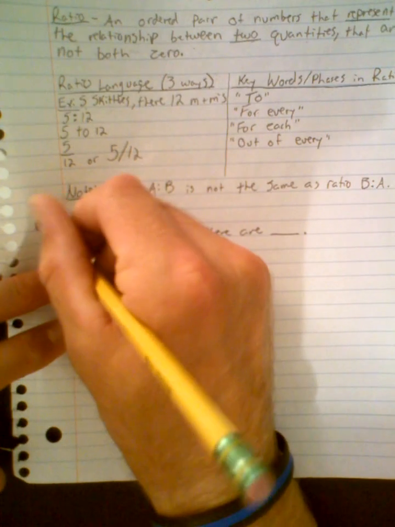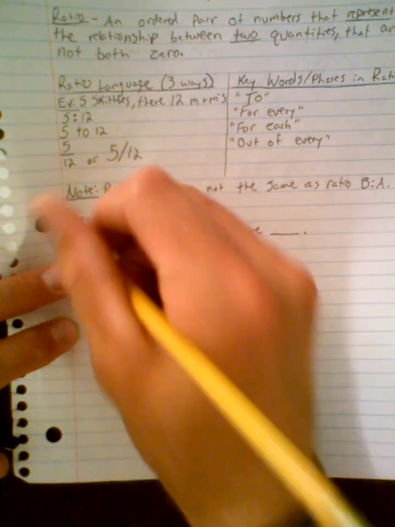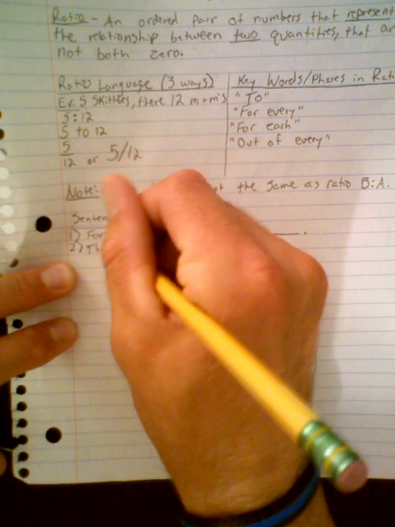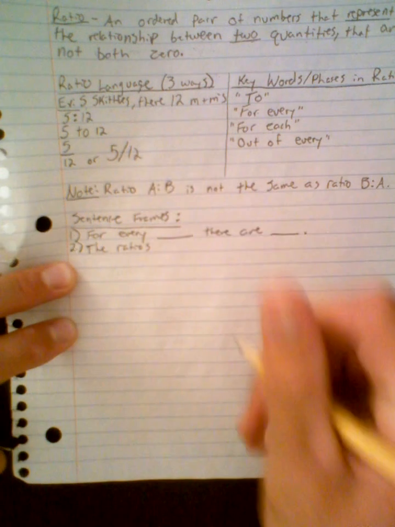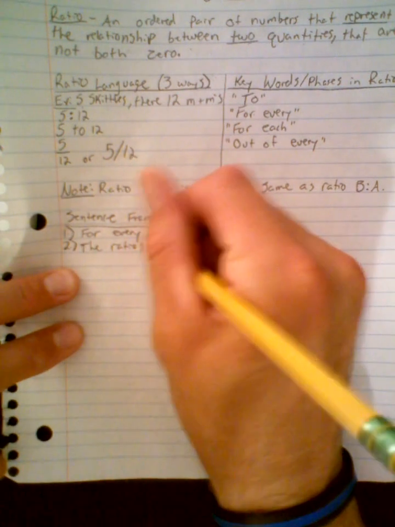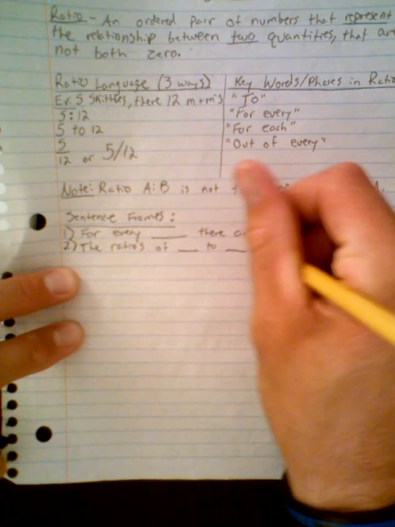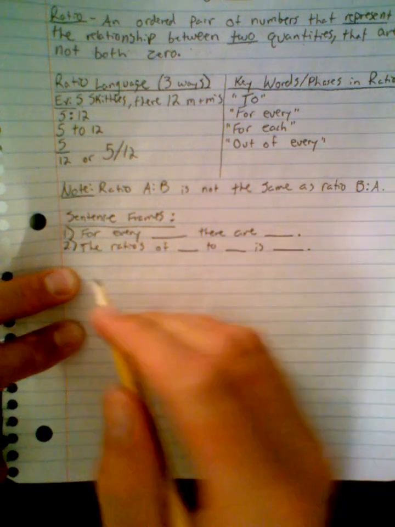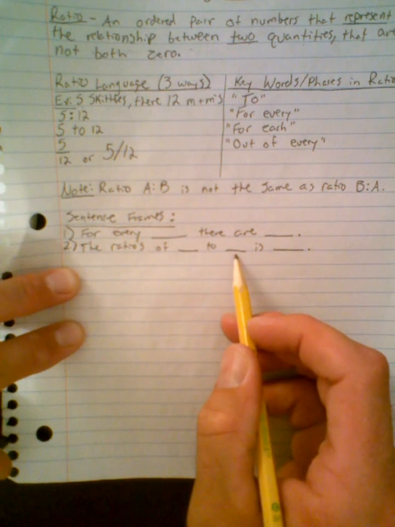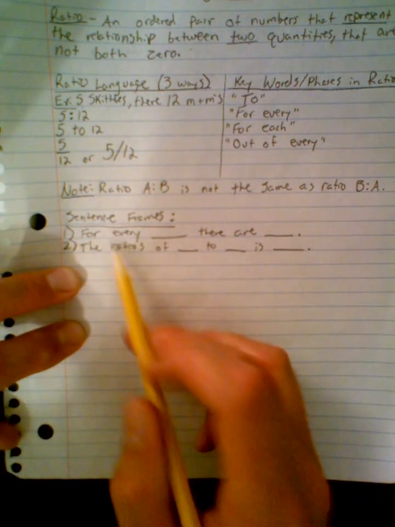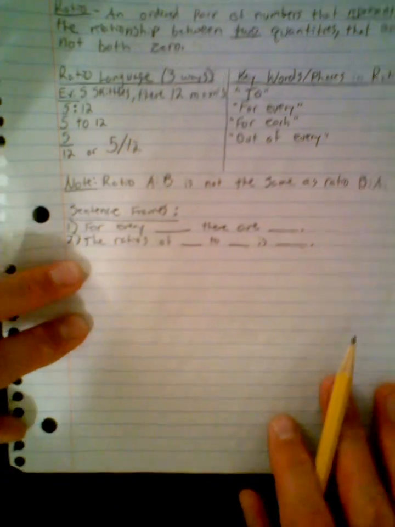And the second most common that you'll run into is, the ratio of blank to blank is blank. These are the two most common sentence frames you'll run into.